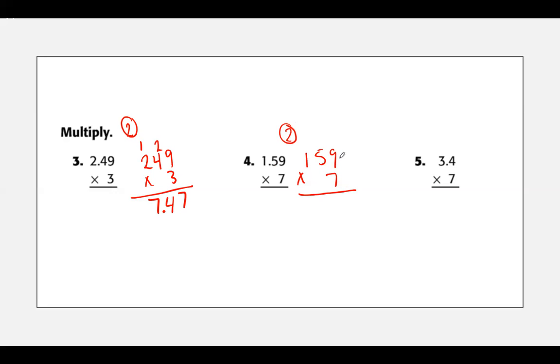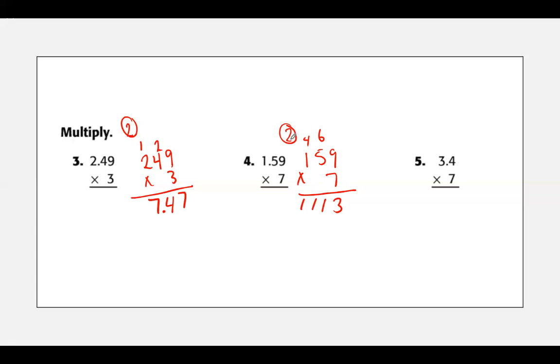Now, 7 times 9 is, I hope you said, 63. 7 times 5 is 35, plus 6 is 41. Sorry, 7 times 1 is 7, plus 4 is 11.